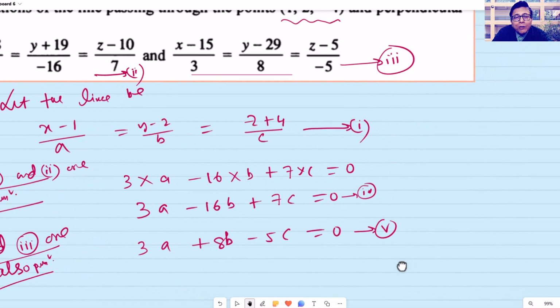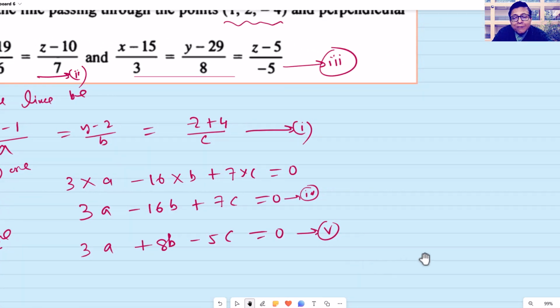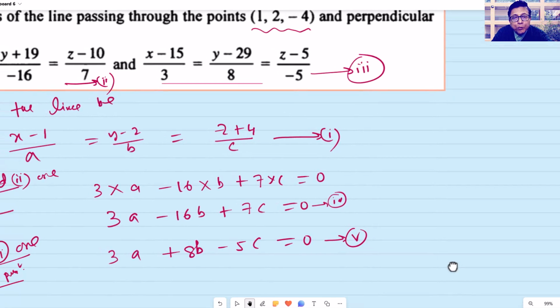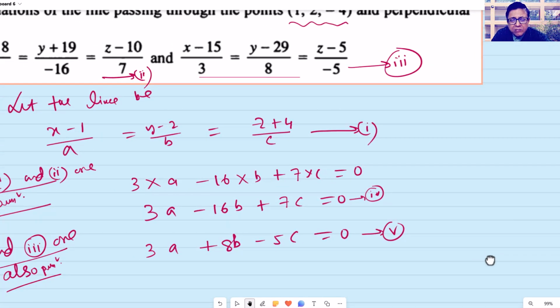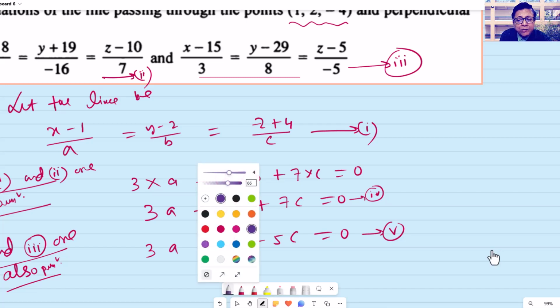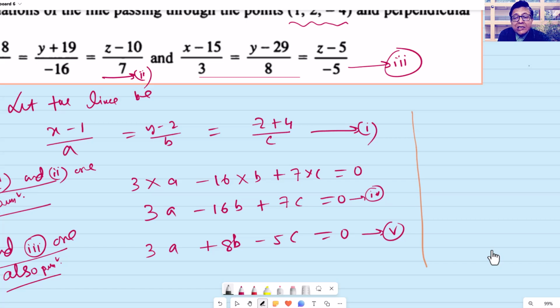But we will solve it by the method of cross multiplication which you have done before, I think, in class 10 level. Isn't it? If you don't remember it, I will remind you to get it quickly. Let me show you. For this one, first line you write A, B, C. Then 3, minus 16 and 7. Second line coefficients. I am writing coefficients only.